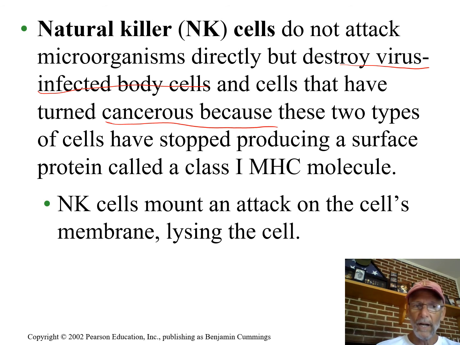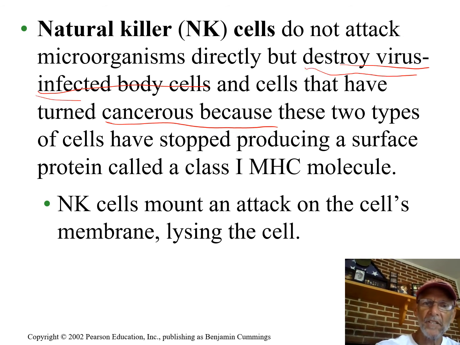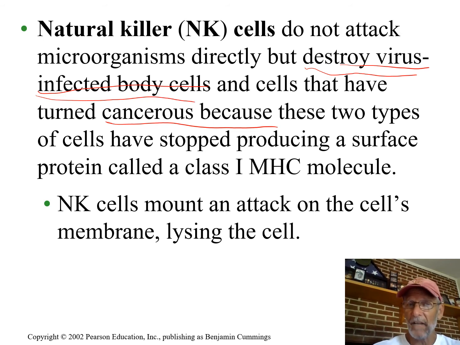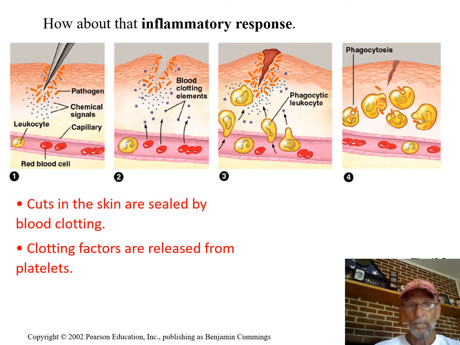I'm going to come back to them in just a little bit. They didn't make it anywhere on the list. They are fairly non-specific, in that a virus-infected body cell can be infected by any kind of virus, and a natural killer cell will kill it.